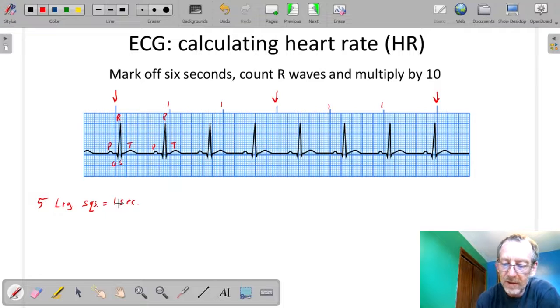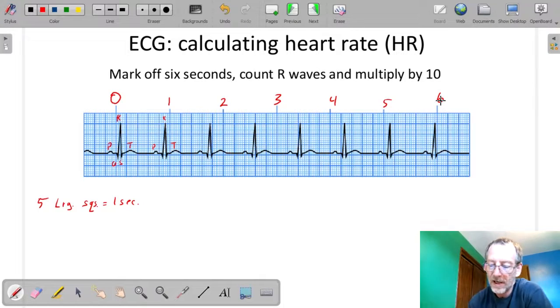So all you have to do to rapidly determine a heart rate is to count out a 6-second strip. So we'll start here at 0. There's 1 second, 2, 3, 4, 5, 6.